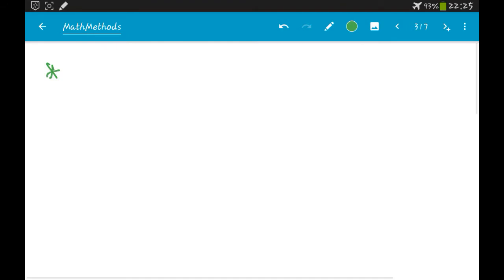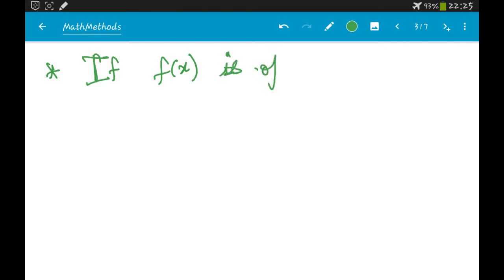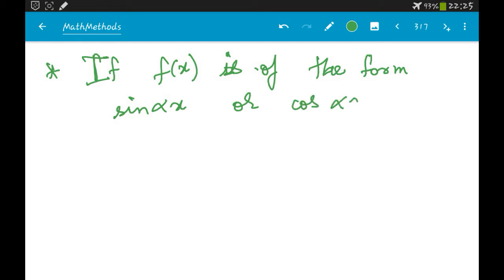Now let's look at something where f of x is of the form sin alpha x or cos alpha x. Okay, then what will yp be?